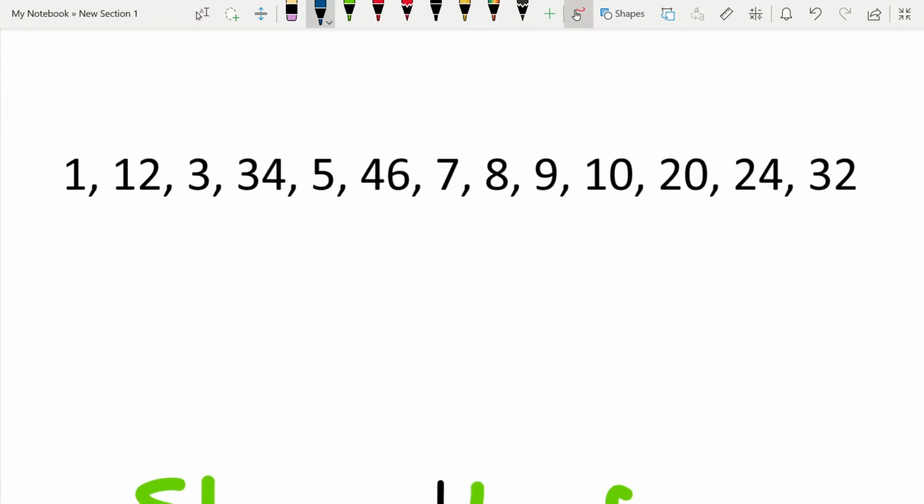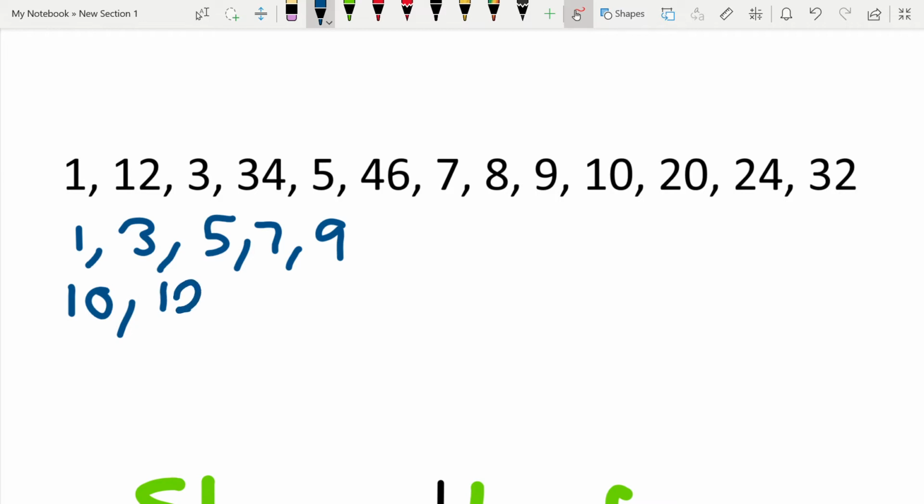First, we want to see what are the numbers between 1 to 10. So we've got 1, 3, 5, 7, 9, and we won't count 10 in this one. Now, what are the numbers between 10 to 20? So, 10, 12. Any other? No. What are the numbers between 20 and 30?